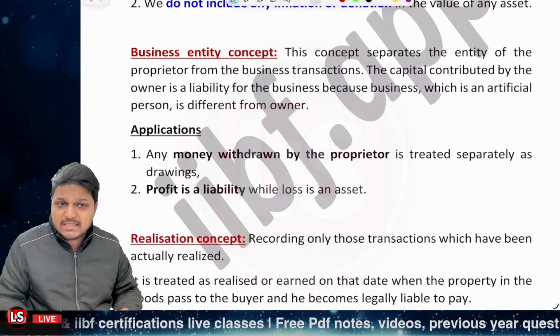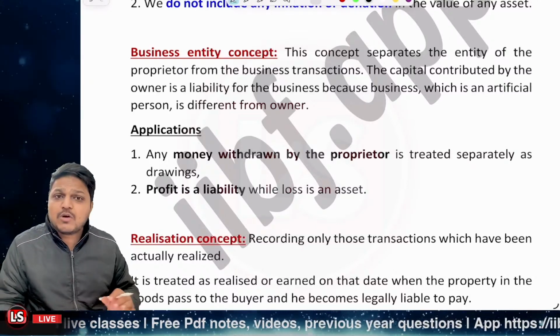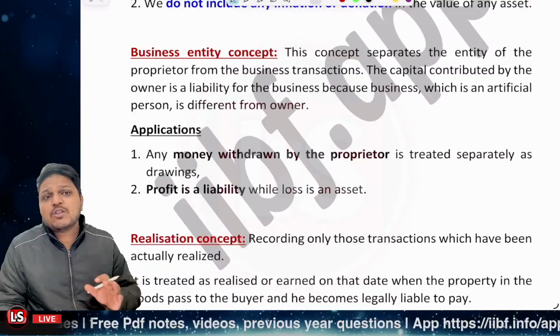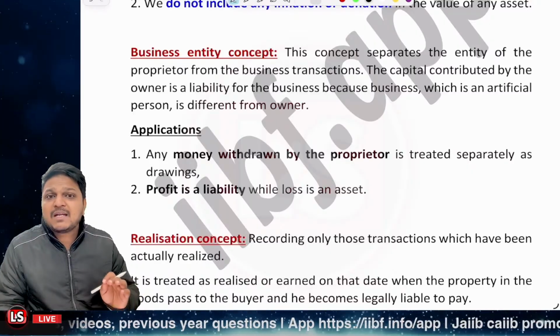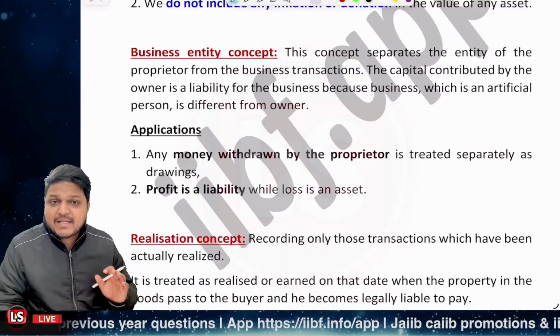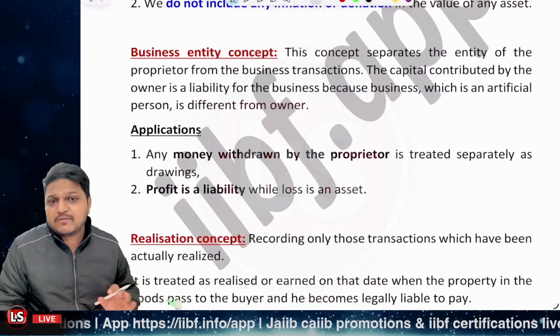That's a very simple concept. The capital contributed by the business owner will be a liability on the business, because the business is an artificial person, and it is 100% different from the owner itself.